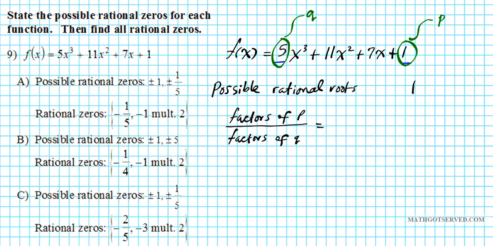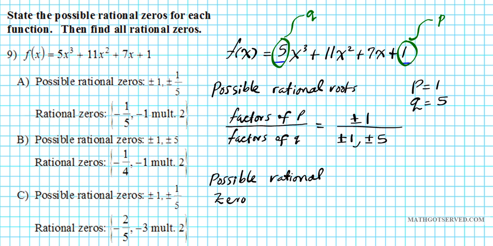So we know that p is 1 and q is 5. The factors of 1 are plus or minus 1, divided by the factors of q, which is 5, is plus or minus 1 or plus or minus 5. Okay, so our possible rational zeros, remember it's just the rational ones that it tells us.